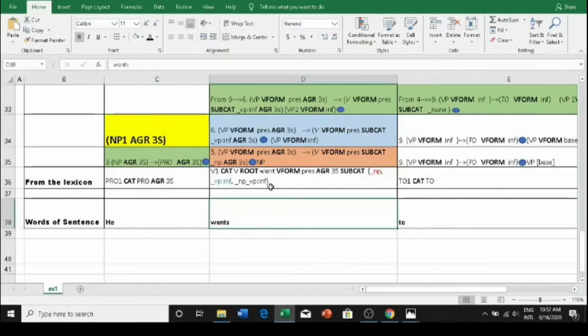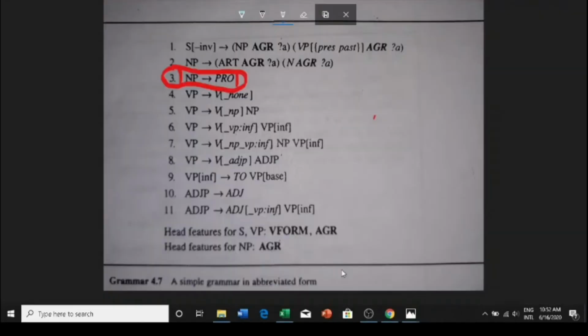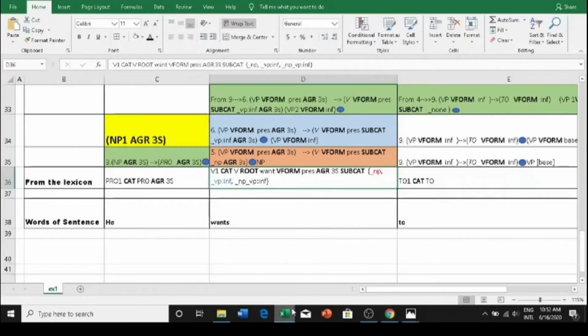So it is wants. If you see the lexicon entry, we need to look up a verb form, and it should be in present tense and AGR 3s, and it should fall in any of these subcategorization forms. Okay, so what we will do is look for a present tense verb form in our grammar set. So if you look here, what should we have?